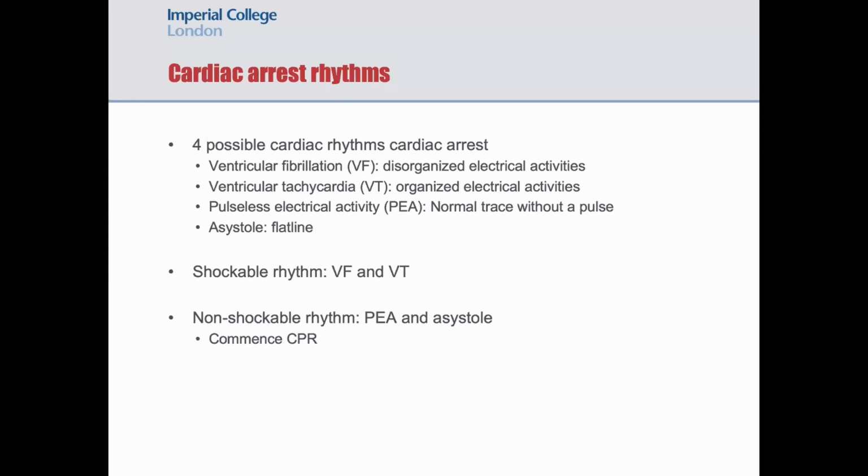So normally, if people are in rhythms such as these 4, you would attach the defibrillator, and the defibrillator will assess the trace for you and tell you whether it's shockable or non-shockable. In shockable rhythms, VF and VT, the defibrillator will administer a shock, trying to revert the rhythm back to normal. But it will also tell you if the rhythm is non-shockable.